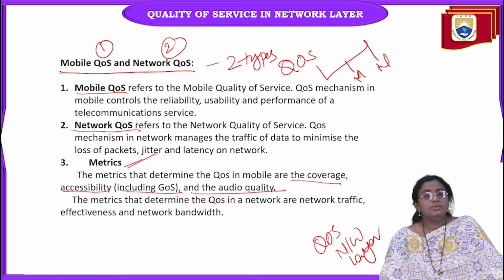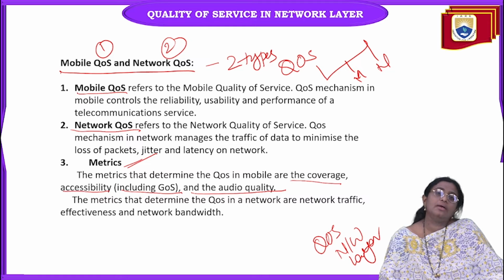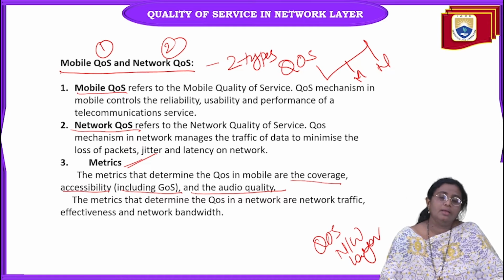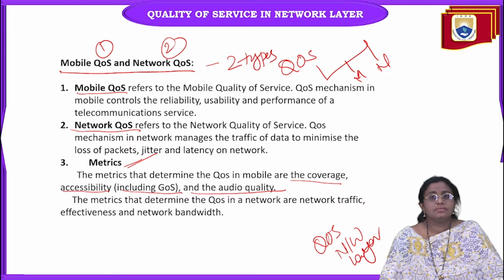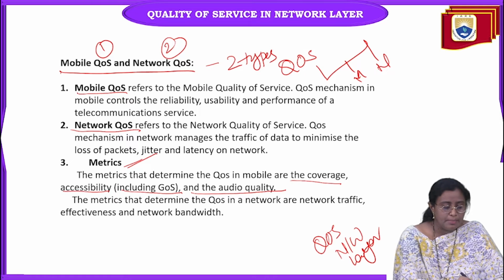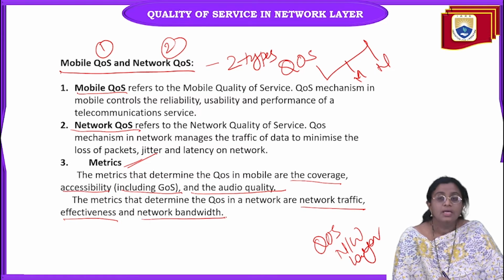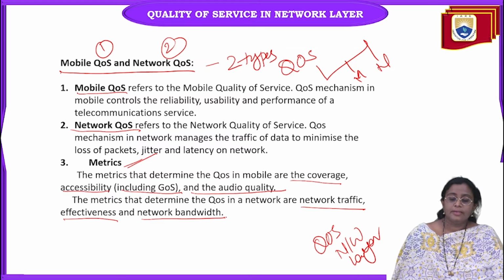Those above metrics determine the QoS in a network, or under network traffic effectiveness and network bandwidth, mainly by means of network effectiveness, network traffic effectiveness as well as the network bandwidth.